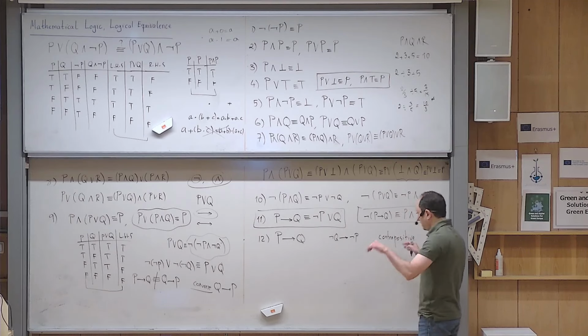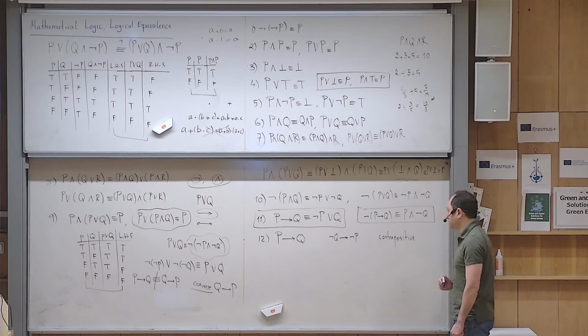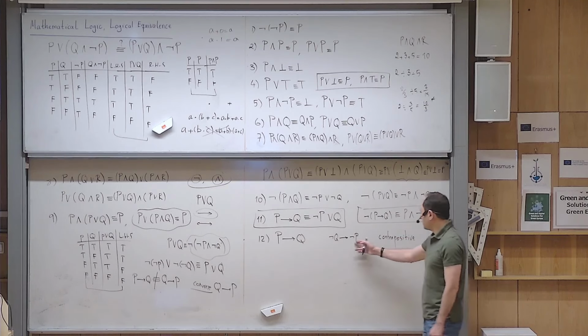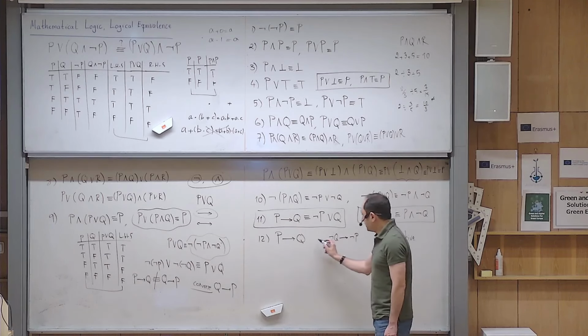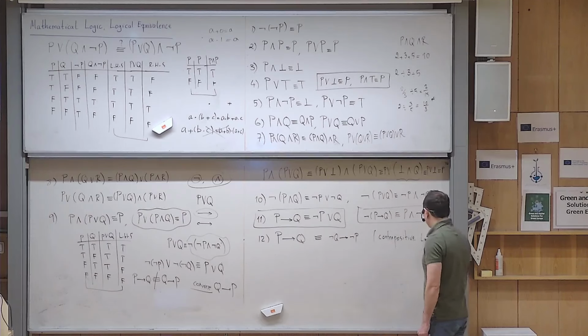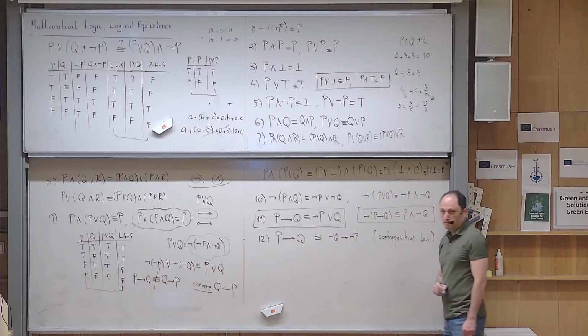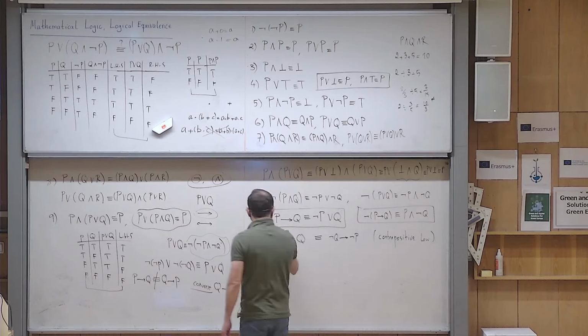So the PDF file is below the video, so you can just download it later yourself for the spelling and everything. But this is called the contrapositive of this conditional. And then these two are equivalent. And that is called contrapositive law. So be careful. These three rules are extremely important ones.